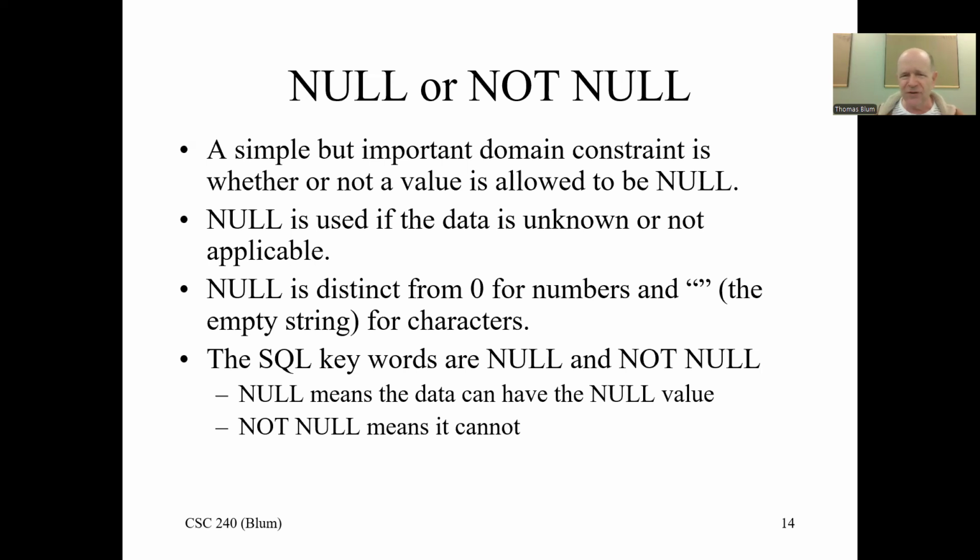And null is different than zero for a number. It is different from an empty string in the case of text. It's just saying I don't have that information, which is different than it's zero. I don't know the balance is different than a balance of zero.